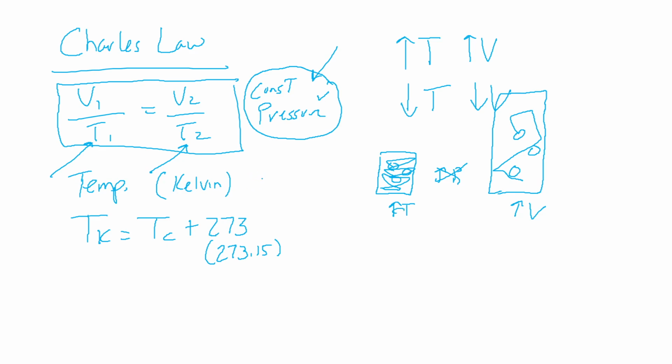Same thing here. If we started with our original container and we lowered the temperature, what's going to happen in this situation? I'll draw a new box here. If we lower the temperature, the molecules are going to be moving around a lot slower, which means we would expect to start to see the pressure decrease. Again, we don't want the pressure to change.